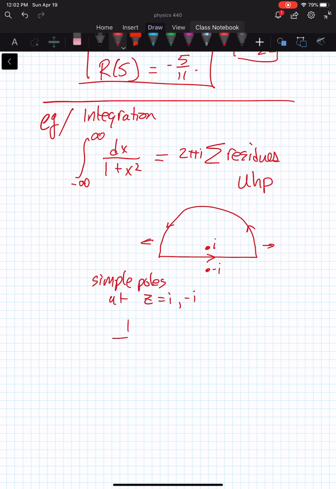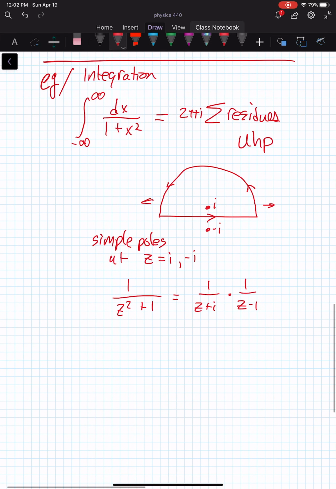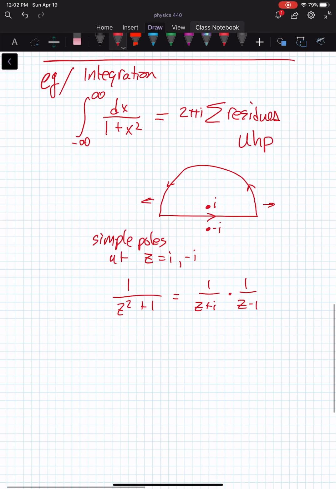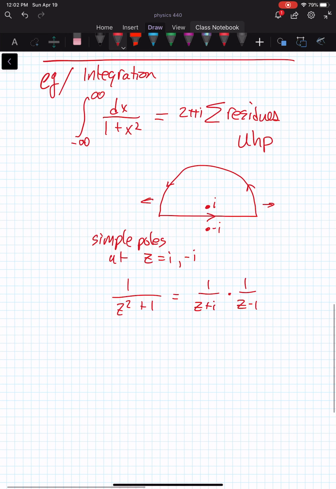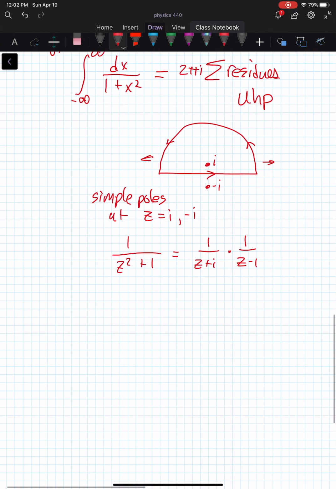And we know that we can write 1 over z squared plus 1 as 1 over z plus i times z minus i. In other words, we're transforming this real integral into essentially a complex integral. So we have this function.